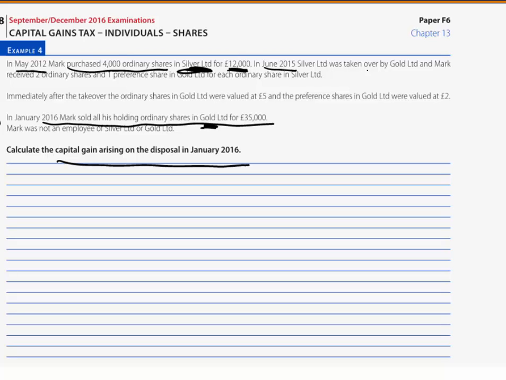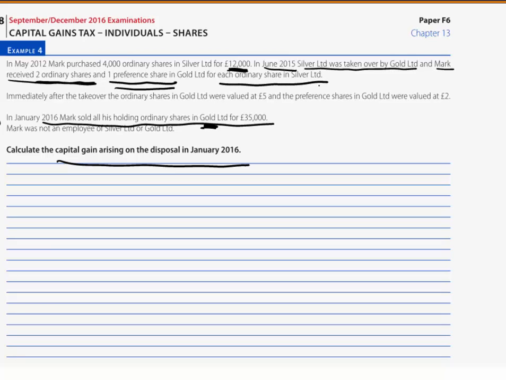In June 2015, Silver Limited was taken over by Gold Limited, and Mark received 2 ordinary shares and 1 preference share in Gold Limited for each ordinary share in Silver.